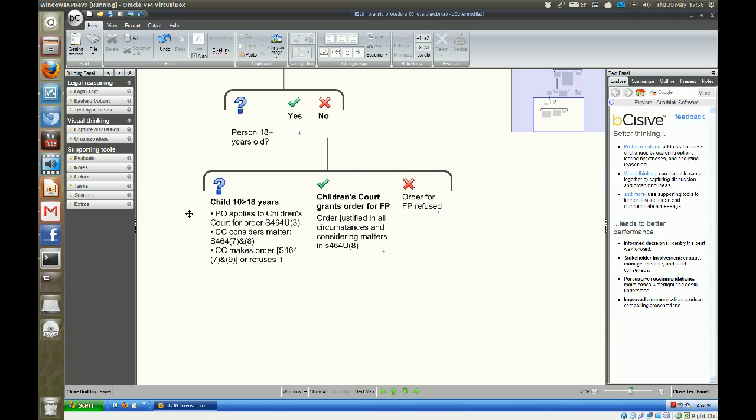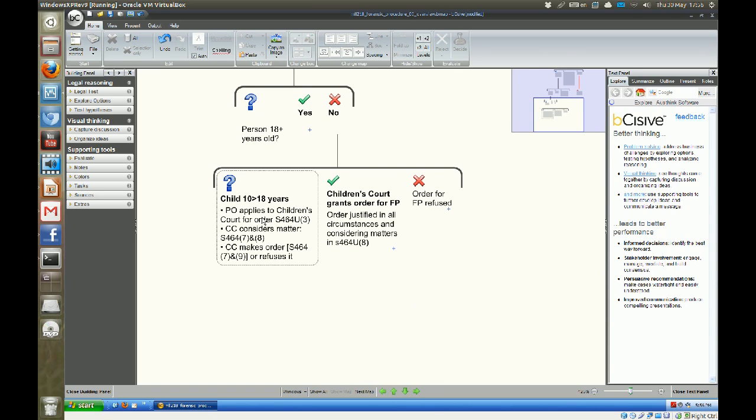So the relevant sections are 464U subsection 3, 464 subsections 7 and 8, and the first one is that the police may apply to the Children's Court for an order. So the police under no circumstances are authorized off their own bat to take a sample from a child, from a juvenile.